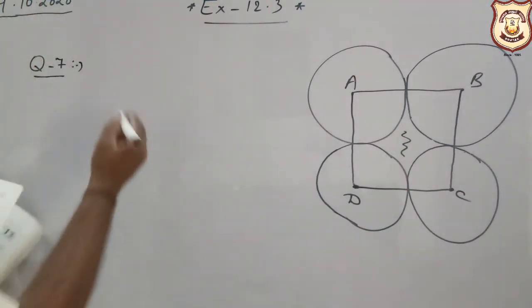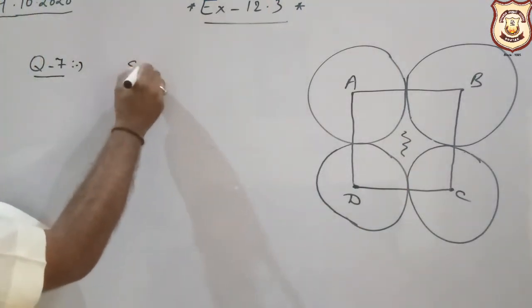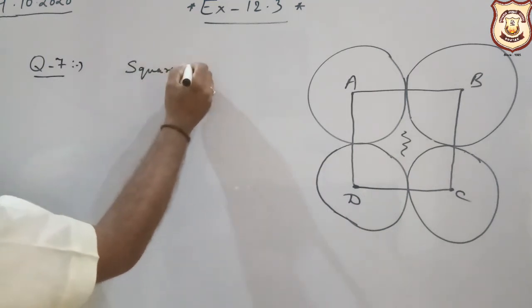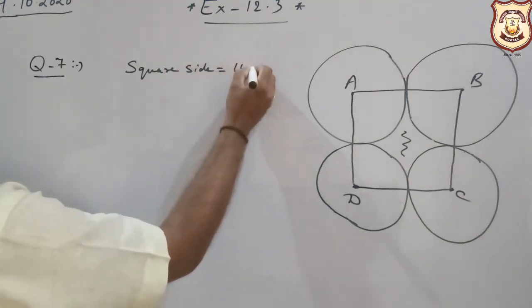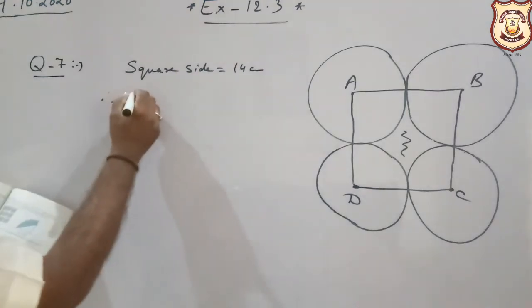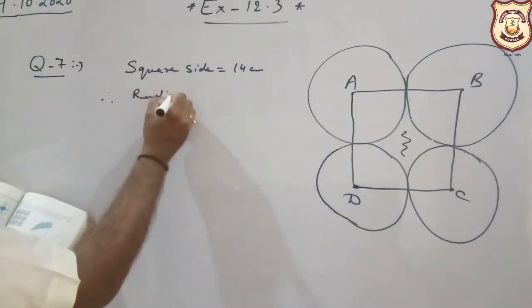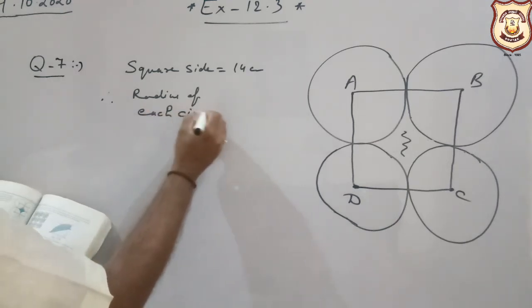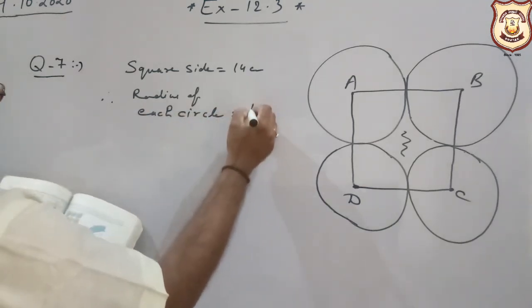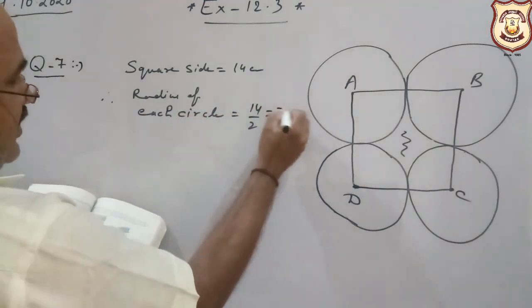So students, start with square side equal to 14 centimeter. Therefore the radius of each circle equals 14 by 2, 7 centimeter.